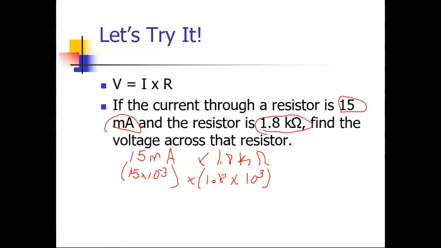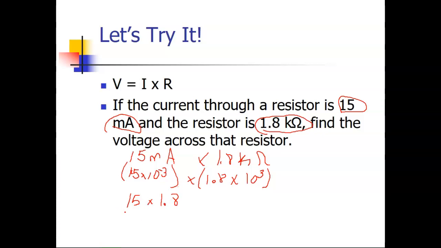Everybody with me so far? Okay. Then we'll separate this out. So we have 15 times 1.8, and we have 10 to the negative 3.